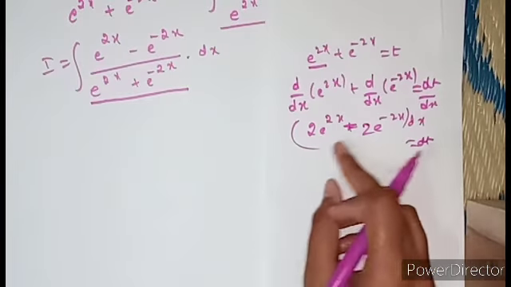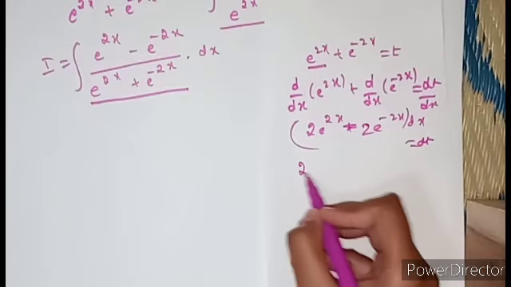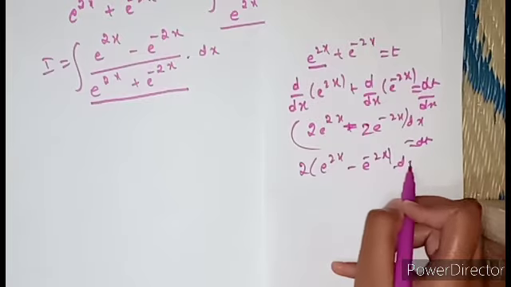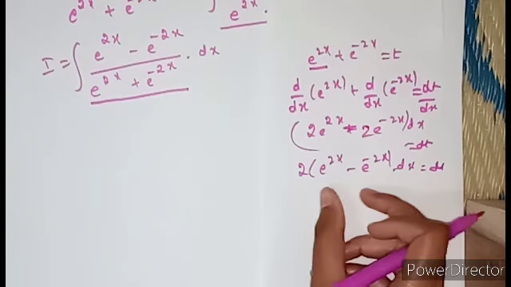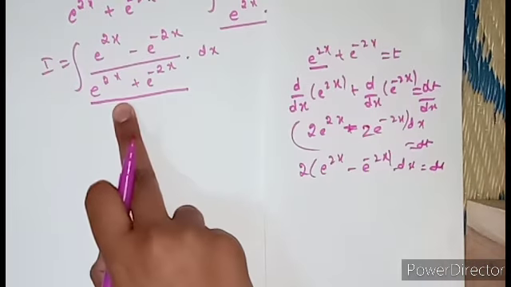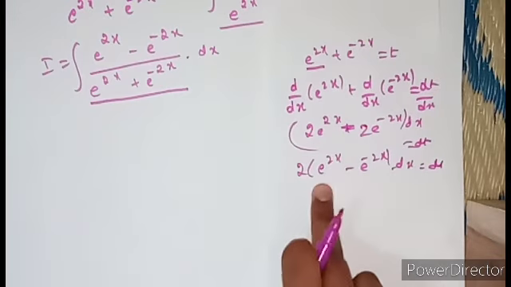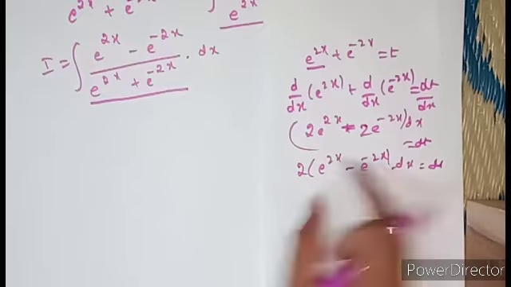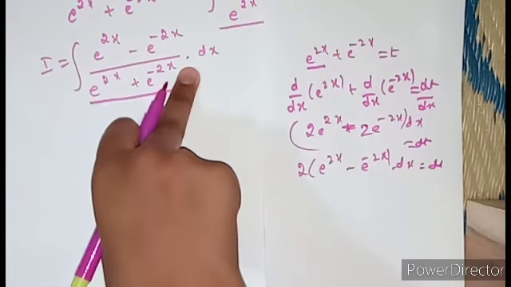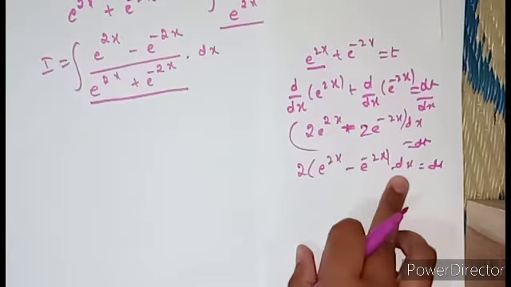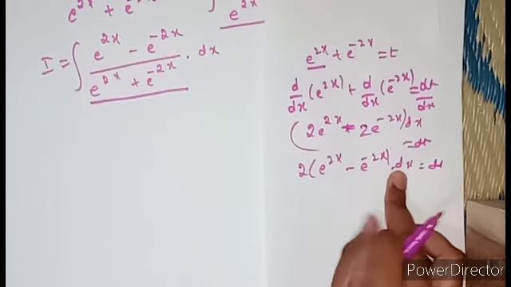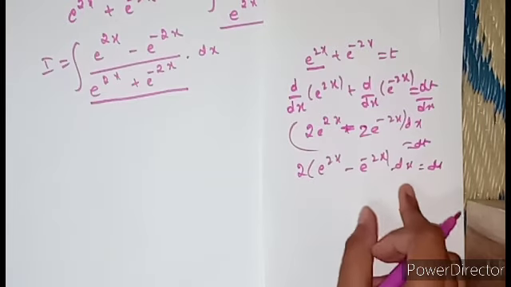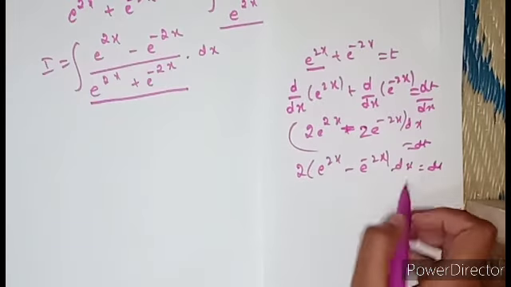Okay, here take 2 outside, since it is common: 2 times e power 2x minus e power minus 2x dx equals dt. So observe this, by taking the derivative of this function we have got e power 2x minus e power minus 2x. This function is the same as the function which is in the numerator, right? So if I divide by e raised to 2x minus e raised to minus 2x on both sides, then I will get the value of dx.